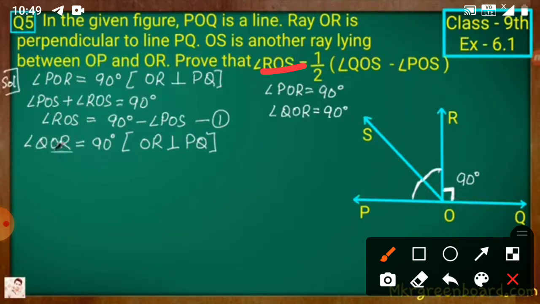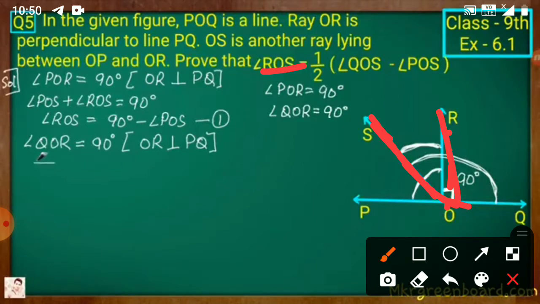See children here, also we have to split two angles, that is QOR equals 90 degrees. Now QOS minus ROS we will take. From QOS we have to subtract ROS.